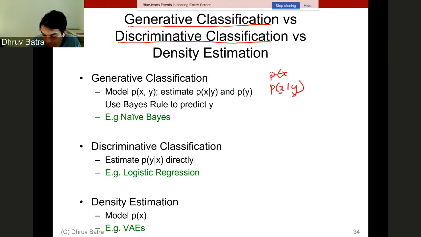We will learn what images look like that contain cars. We will learn a prior over cars, and then we will use Bayes' rule to get P of Y given X between these two terms.